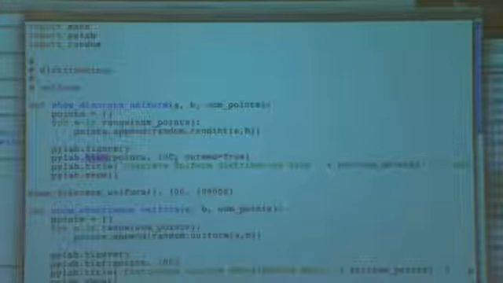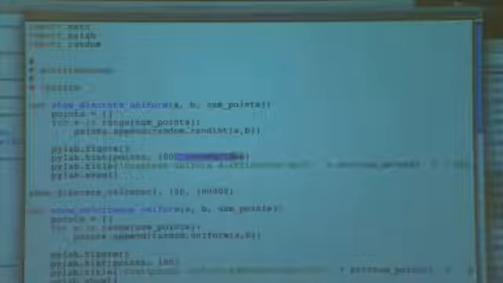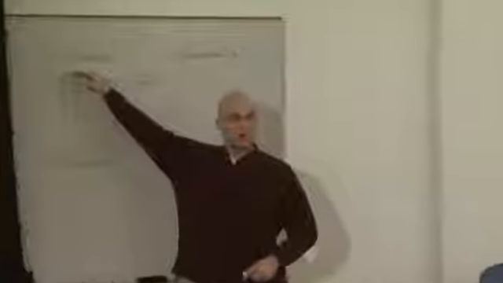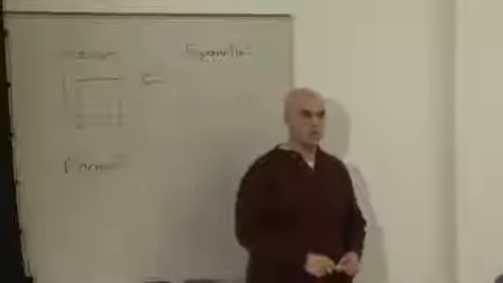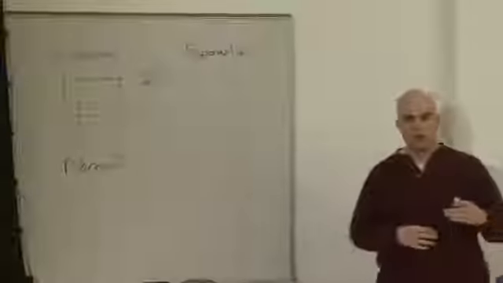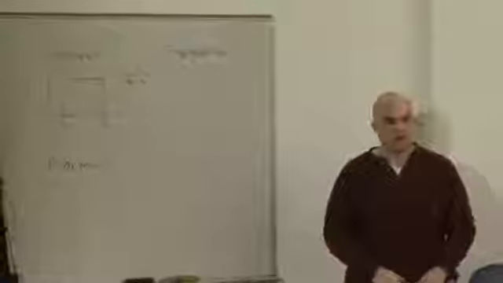The only parameter I don't think you've seen here is this normed equal true. Normally when you use the hist command in Python, it's going to give you raw frequency counts on the y-axis. What normed equal true does is it gives you the proportion of the points that wound up in a particular bin.